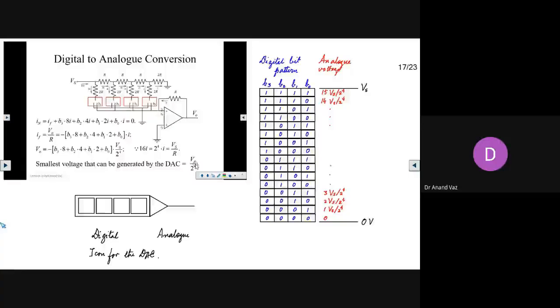Naturally, if you want very good accuracy, you are going to have more number of bits for your digital to analog converters. But more number of bits means you are having a more expensive setup. These digital to analog converters are very inexpensive. Today they are very cheap.